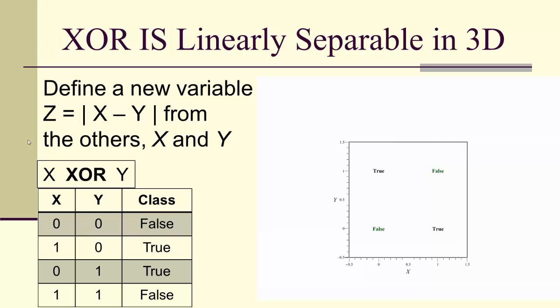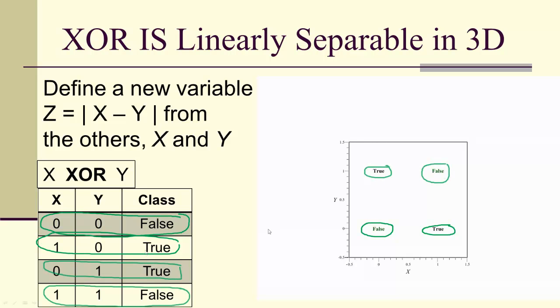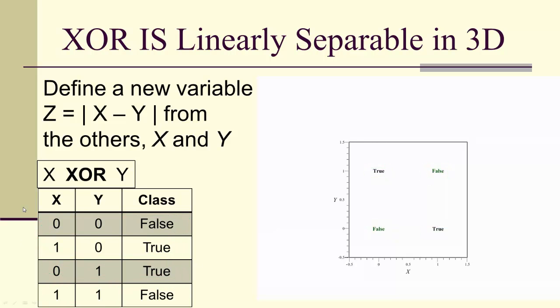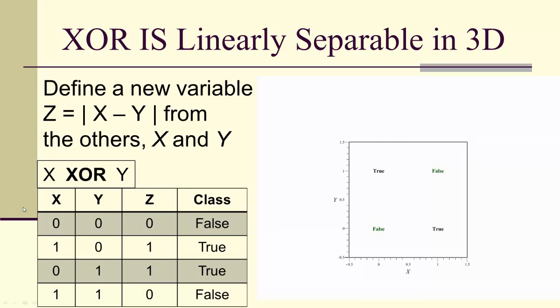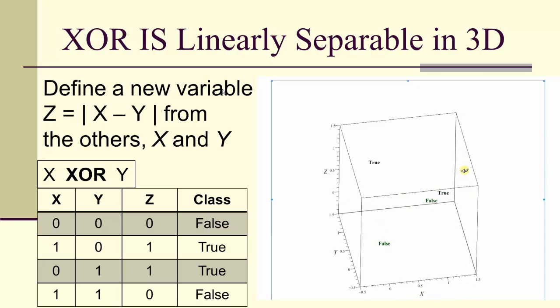However, the XOR is linearly separable in 3 dimensions. So to see this, let's suppose that we rename the 1 and 0 classes as the false and true classes. This gives us the actual XOR. So 1 XOR 1 is false. In the z-plane, we're going to put z equals absolute x minus y, and that additional variable is going to give us a 3-dimensional space.